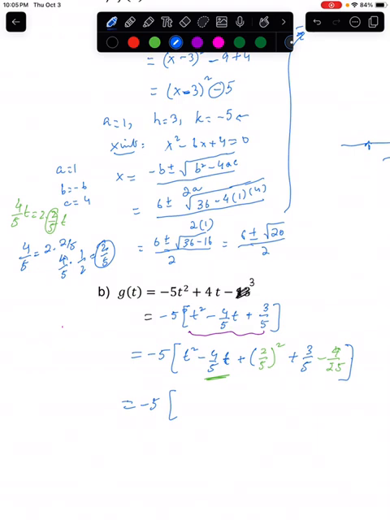These three terms give me t minus 2 over 5 whole squared, and then plus. Now I have to simplify these two terms by taking the common denominator, which is 25. So I end up getting 15 minus 4.